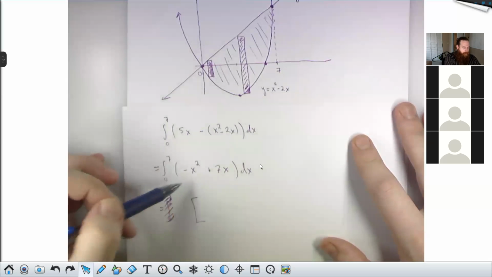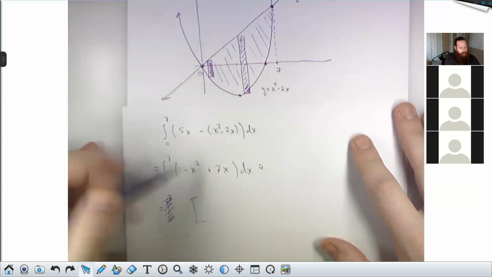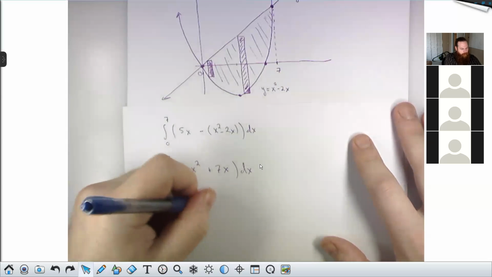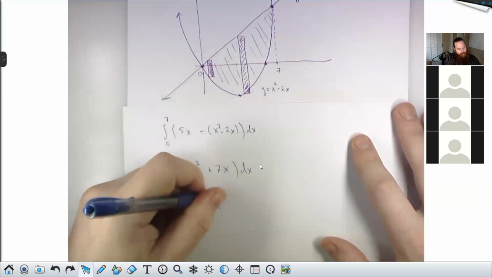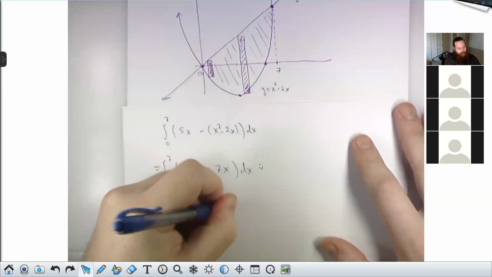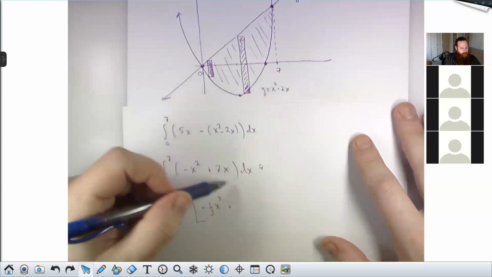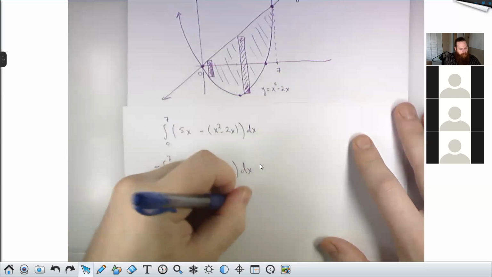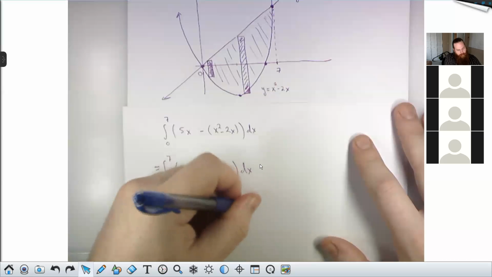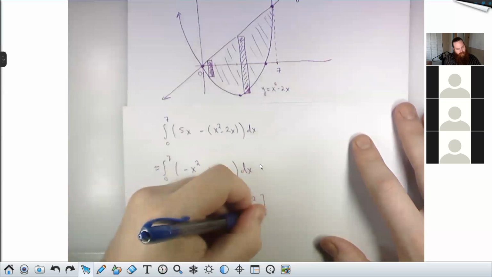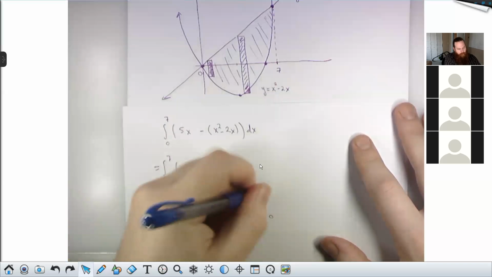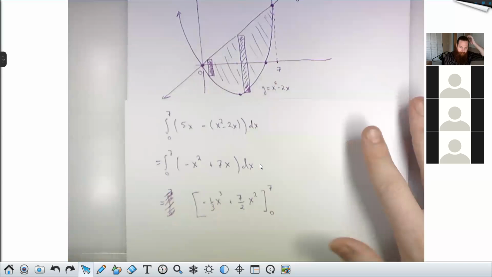I'll increase the power by 1 and divide by that new power. So this will be negative x cubed over 3, or negative 1/3 x cubed, plus, increase the power by 1, so this will be an x squared, but then I need to divide by that power, so it'll be plus 7 halves x squared. And this is all being evaluated from 0 to 7.